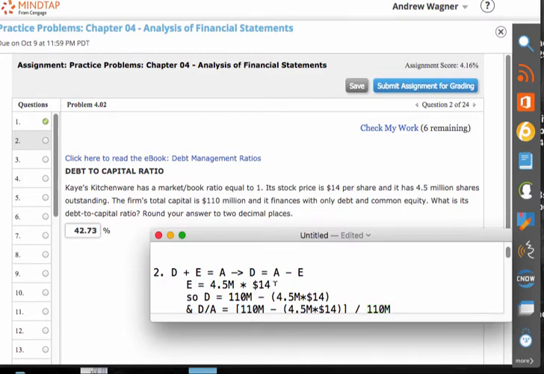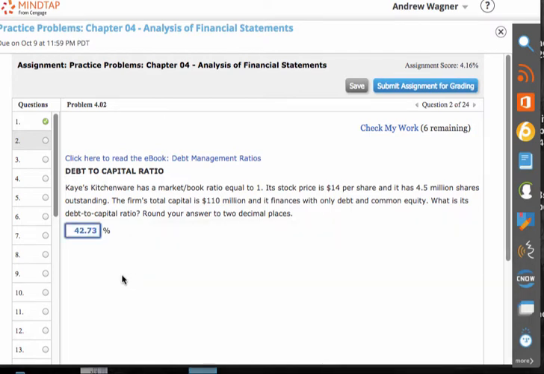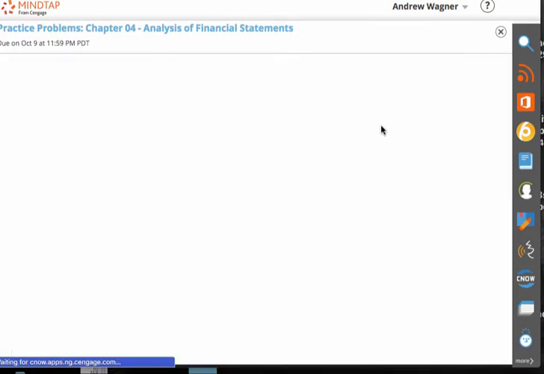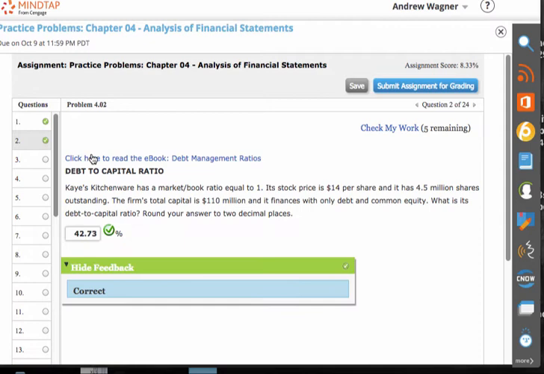You could have divided by 110 million, and then that would be an equity ratio, and then 1 minus that equity over assets ratio would be the debt ratio. So that would have also worked. I believe you'd get the same number. Again, I got 42.73. I haven't checked these numbers yet, so I'm hoping it's right. Thank you. It's right.